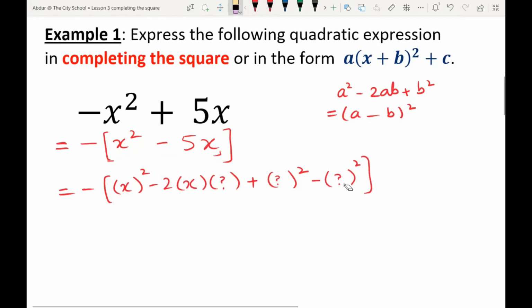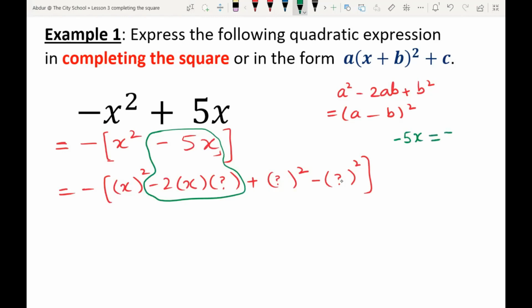By comparing the second term with minus 2x and the question mark, the second term is minus 5x. By comparing these two terms, you can find the value of b here. So by writing minus 5x, compare with minus 2 times of x, question mark here.